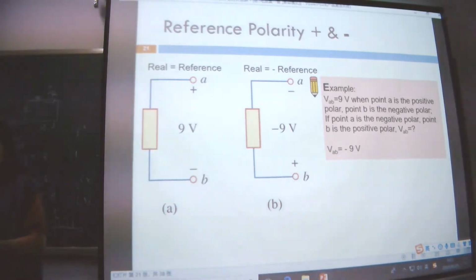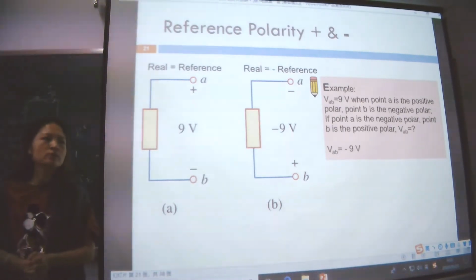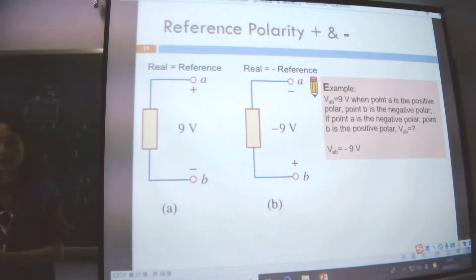Okay, so we just talked about the reference direction of a current. Now we're going to talk about the reference polarity of voltage. Here, this one is the example.